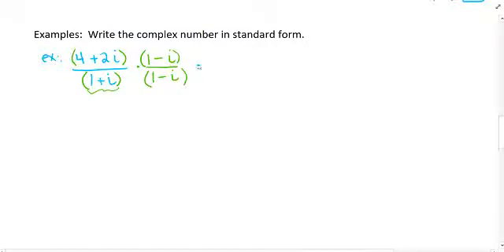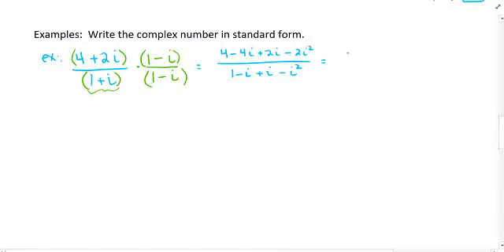So this is going to give me 4 minus 4i plus 2i minus 2i squared. That's my distribution in the numerator. In the denominator, 1 minus i plus i minus i squared. Okay, let's keep going.